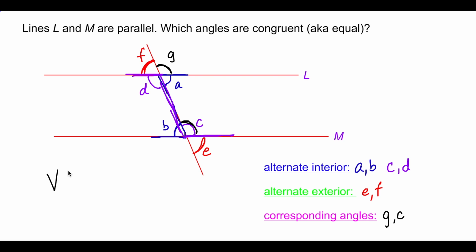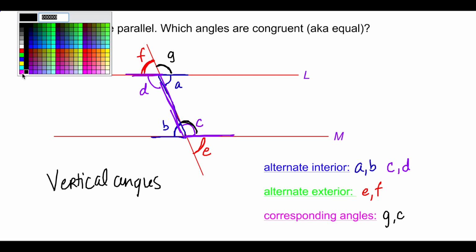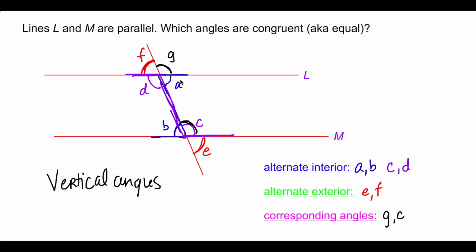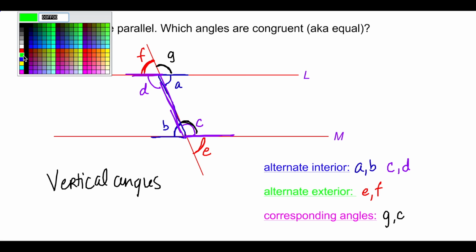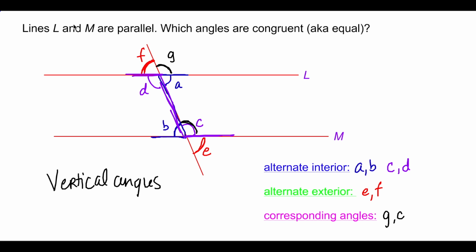Finally, let's cover vertical angles. Vertical angles are not just unique to parallel lines, but they are in fact unique to intersecting lines, sets of intersecting lines. So in this scenario, we have a couple pairs of vertical angles. One of which is, let's go with a different color here, G and D, because they are right across from each other.